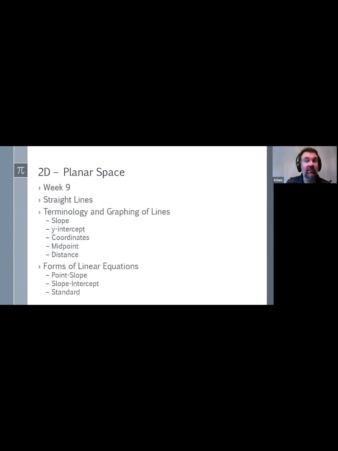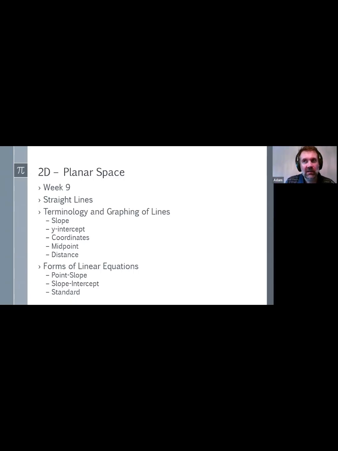You're also going to learn the forms of linear equations. There's 3 of them. There's the point slope form, there's the slope intercept form, and also the standard form. And if you do a little manipulation, you can go between the 3 forms pretty simply. So these are the various kinds.